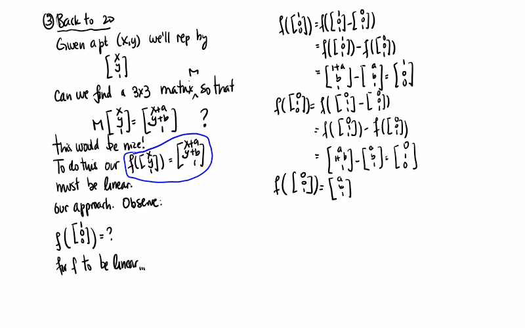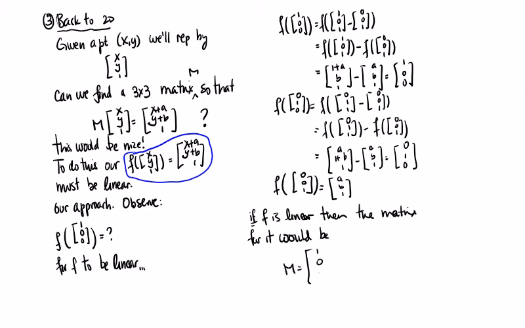So here's the deal, right? If F is linear, then the matrix for it would be M equals, I take these three vectors that we just did, put them together.